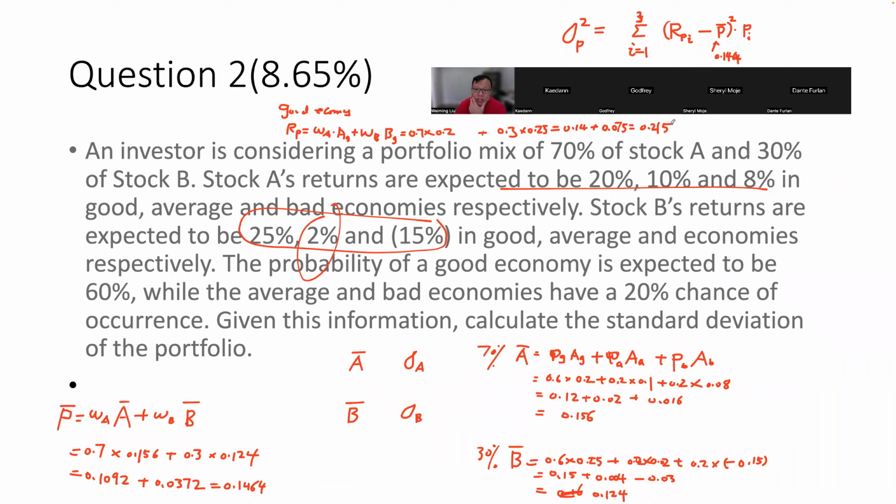So this is when the economy is good. Then you can keep going. What if the economy is average? The weights are still 70 and 30.